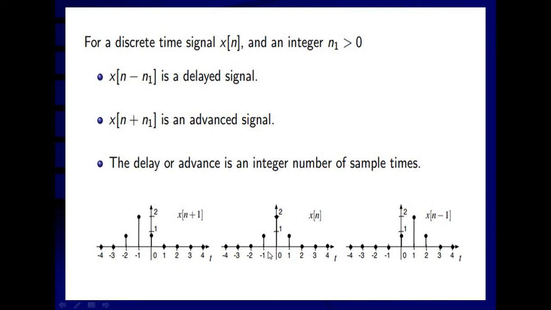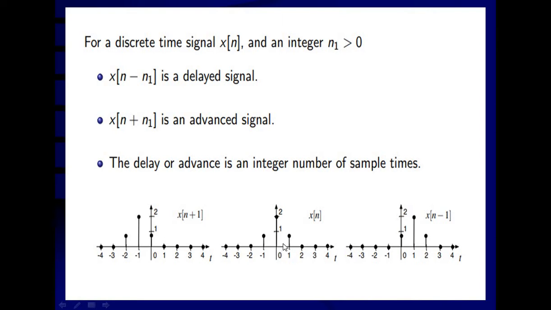As you can see, minus 1, 0 and 1. Please note down these points. At minus 1, your amplitude is 1. At 0, your amplitude is 2. At 1, your amplitude is 1. So we are shifting x of n minus 1, shifting 1 time unit. Minus 1 will now be depicted at 0, which is nothing but 1 time unit.